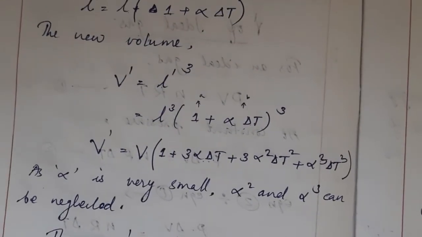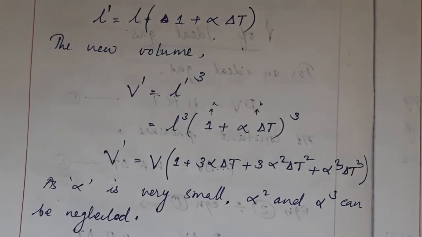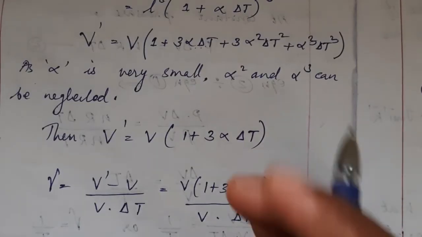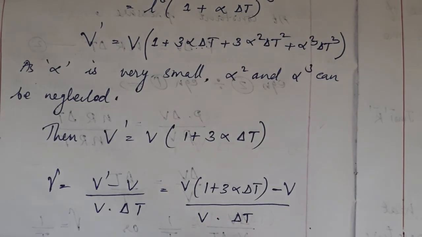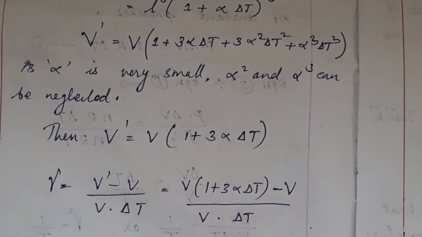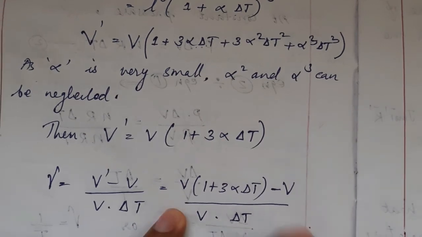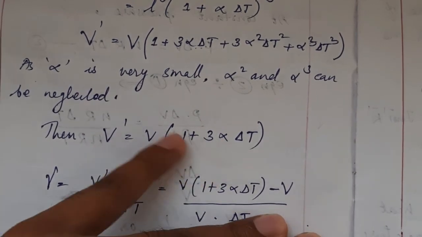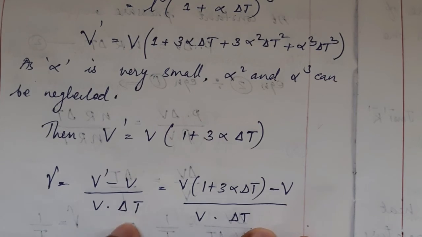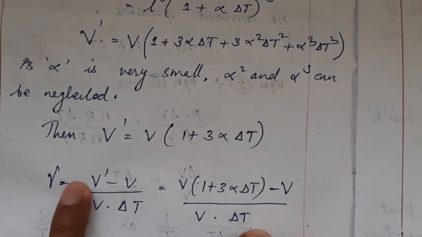So we get V dash is equal to V into 1 plus 3 alpha delta T. From that we can get gamma, which is V dash minus V by V delta T. This was the definition for gamma.